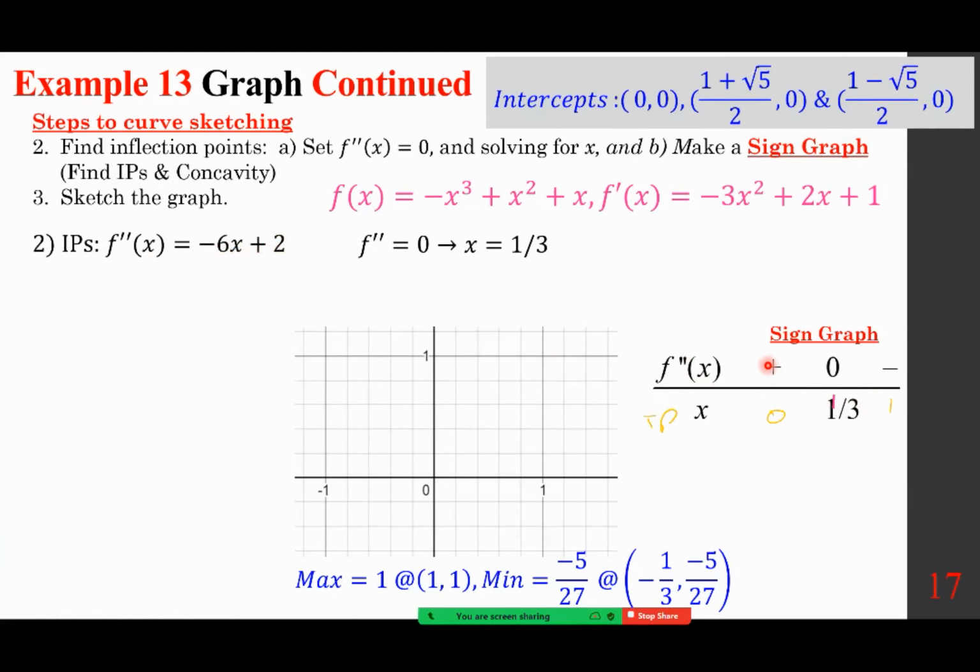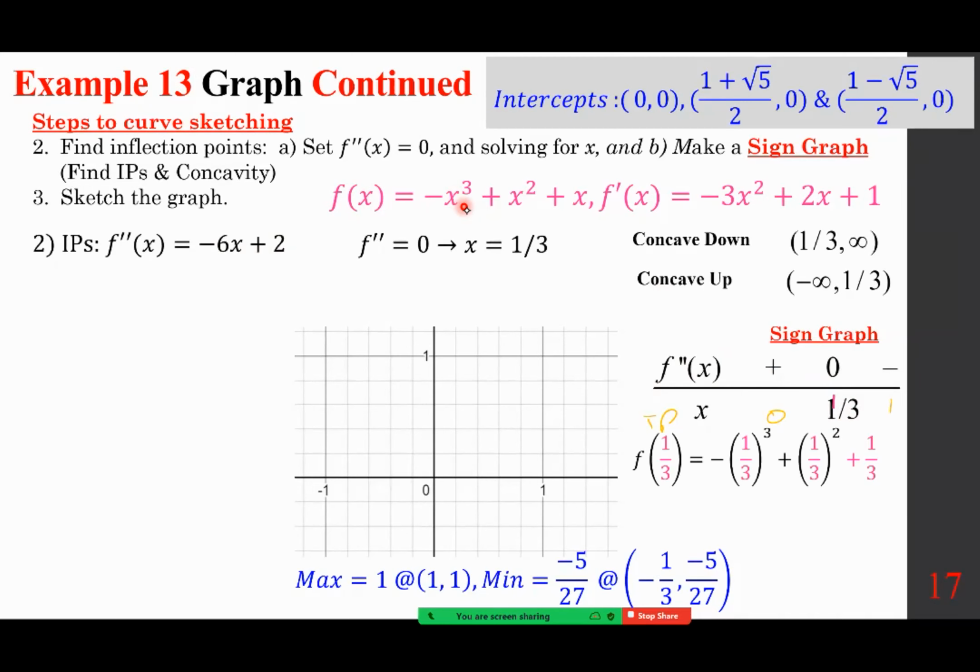Positive, concave up from negative infinity to 1/3, negative, concave down from 1/3 to infinity. So we have concave down from 1/3 to infinity, concave up from negative infinity to 1/3. Therefore, it makes x equals 1/3 the inflection point. We must go back to the original function, replace the x with 1/3 to find the y coordinate of the inflection point.